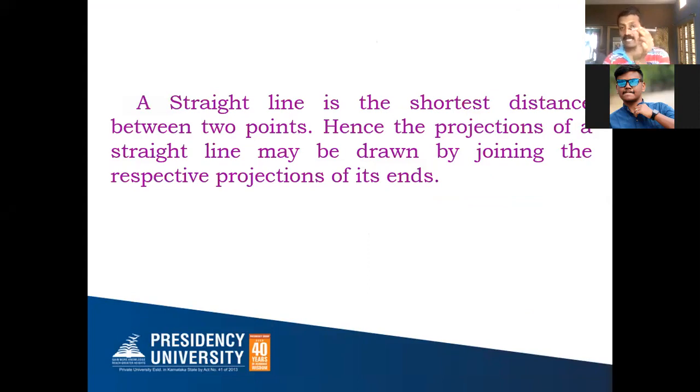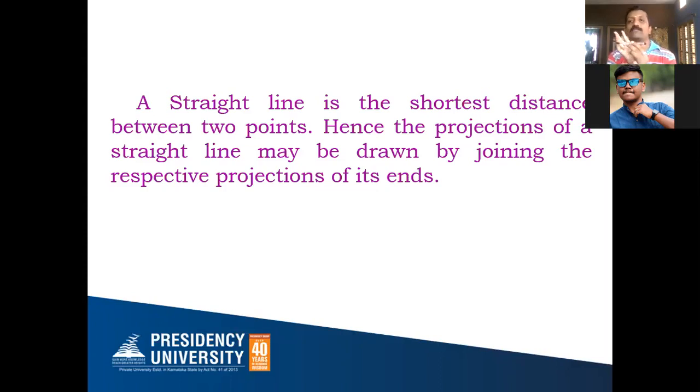This straight line is a one-dimensional object. Suppose if I take this pen as the straight line, for example, only the length I can consider here, even though it has some thickness, we are neglecting the thickness. That's why a straight line is a one-dimensional object.